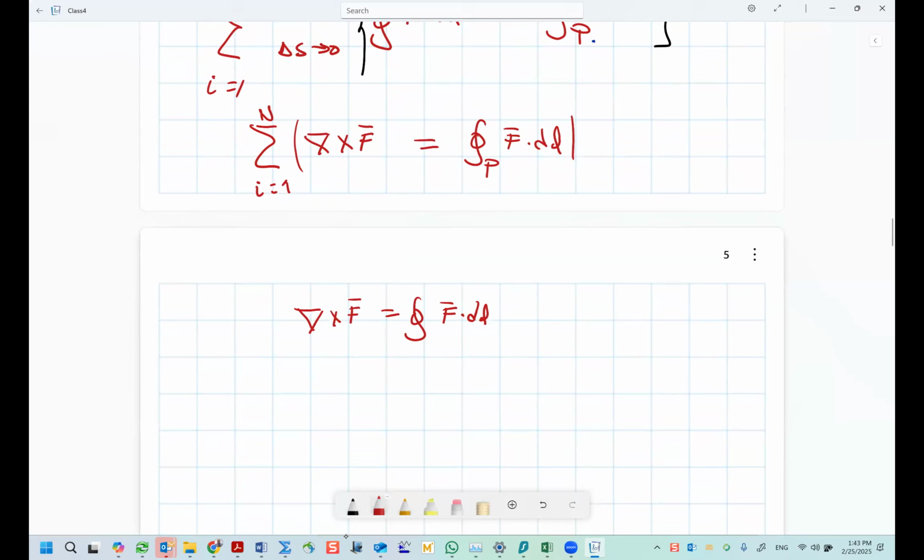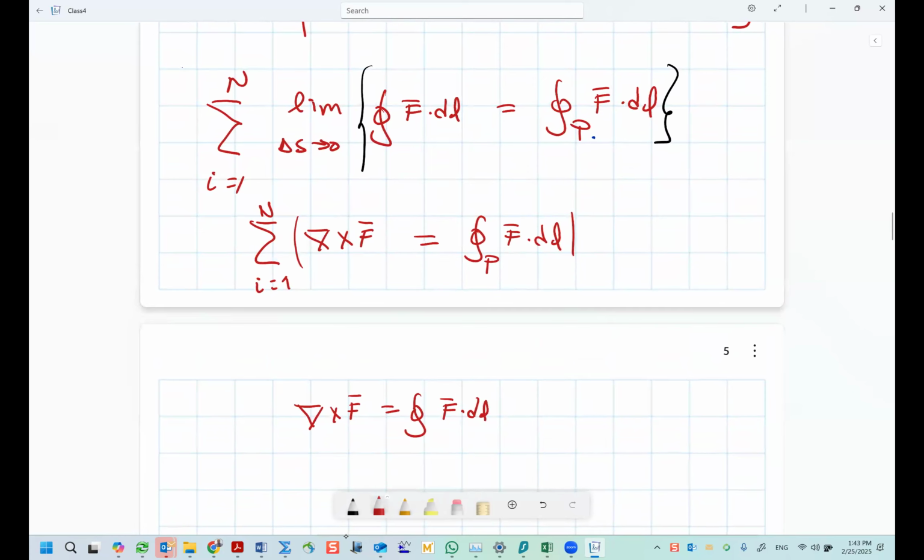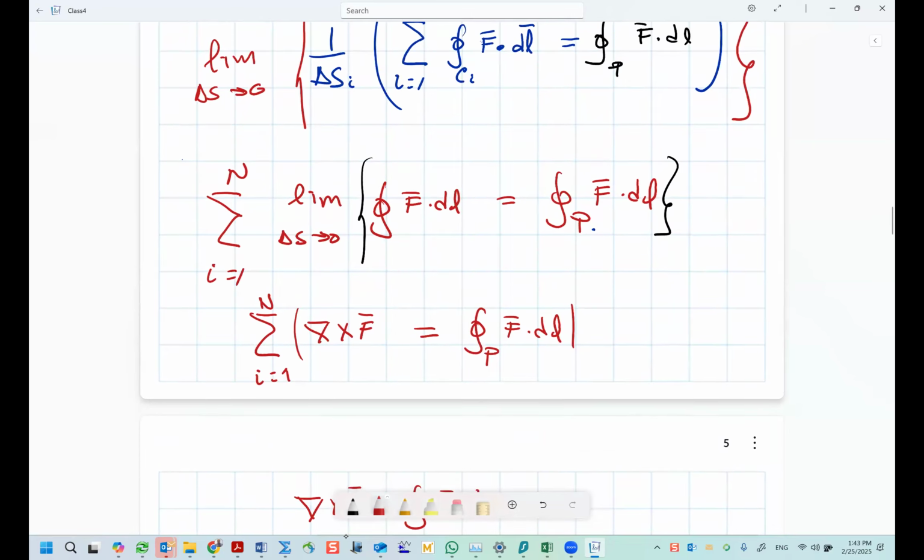So, yes, I am missing the surface integral. What happens, correct my derivation for me. You need the integral of the rotational, the surface integral of the rotation. And I think it's missing somewhere.